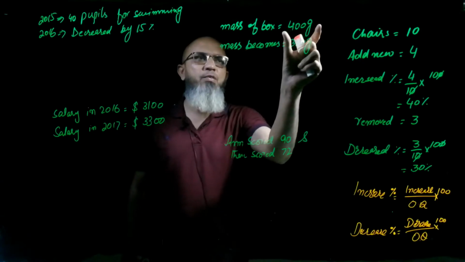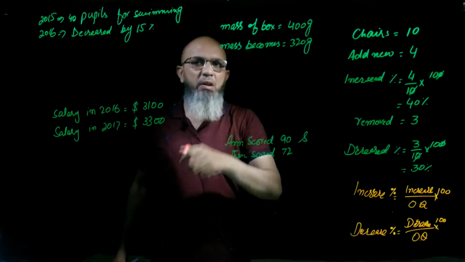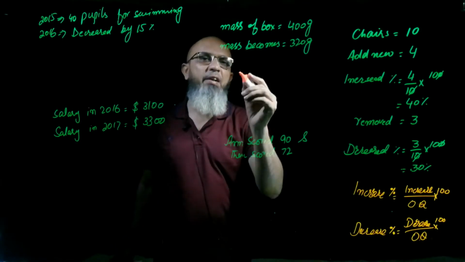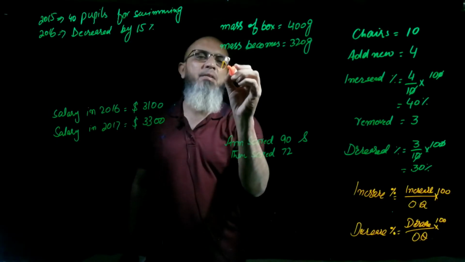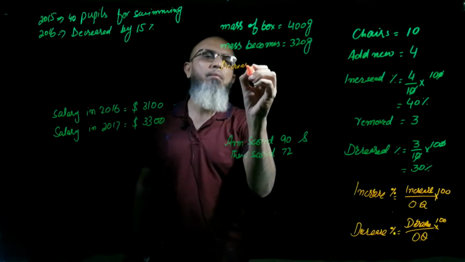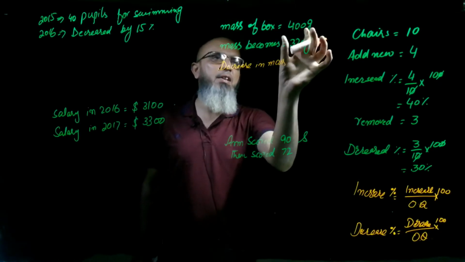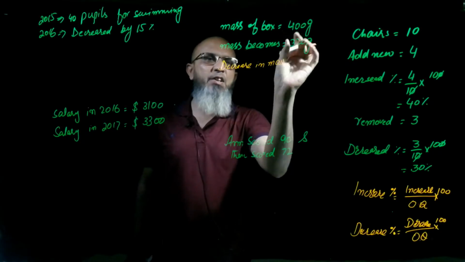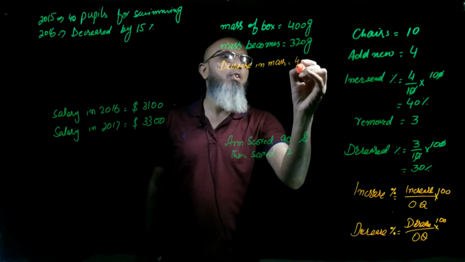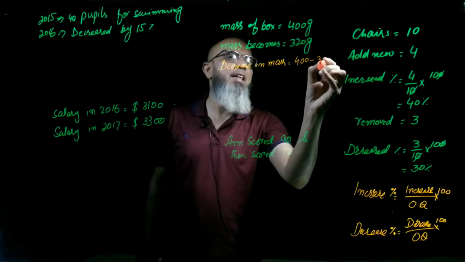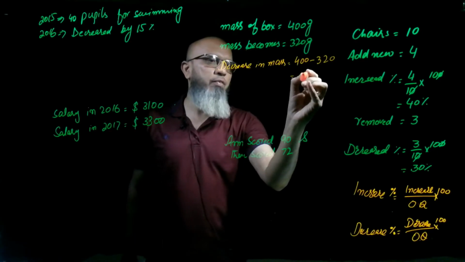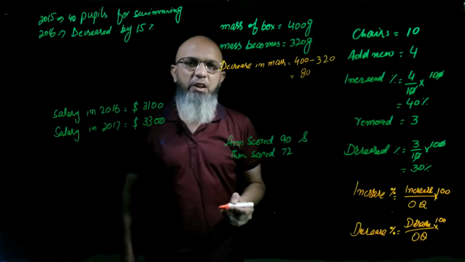The original amount is 400 grams. So first we will find the decrease in mass. How can you find it? Very easy, 400 minus 320. So what will be your answer? Your answer is 80 grams.